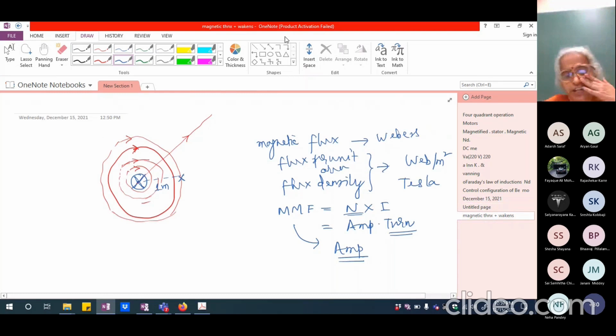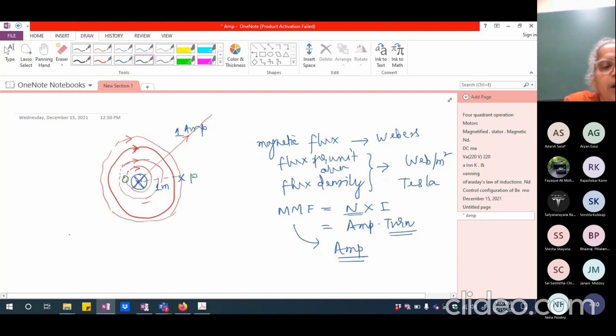Okay, in which case, if I am considering only one conductor that is carrying a current of, let us say, 1 ampere, and if I am considering a magnetic field line exactly at 1 meter of distance from here. So let us say this particular conductor which is carrying current is O. And let us say I'm looking at the point which is 1 meter away from this conductor, and I want to look at what kind of flux density we have here.